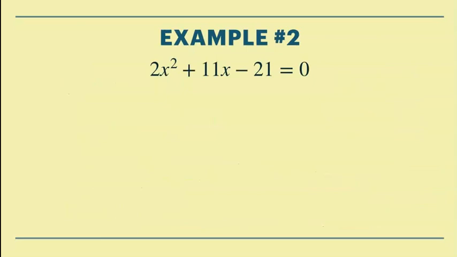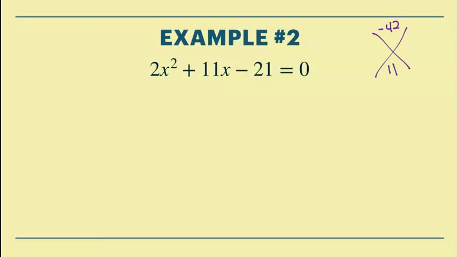All right, I have 2x squared plus 11x minus 21 equals 0. You can either guess and check or use the AC method to factor this out. I'm going to use the AC method just because it's always good to get a little extra practice. So I'm going to multiply a times c, and I get negative 42. And I need two numbers that multiply to negative 42 and add to 11.